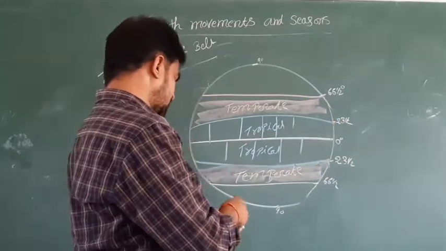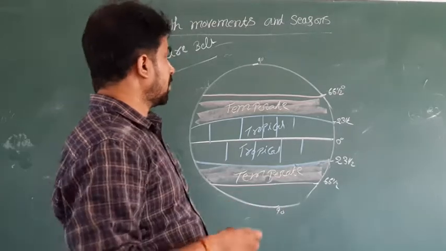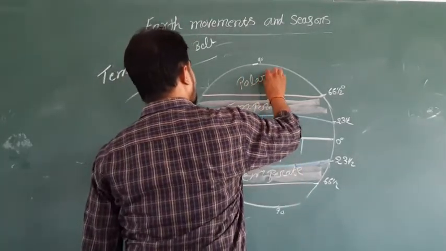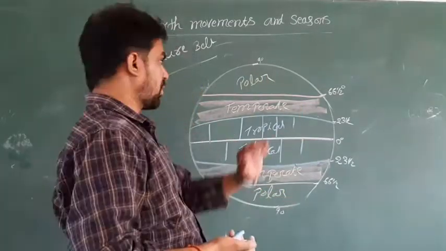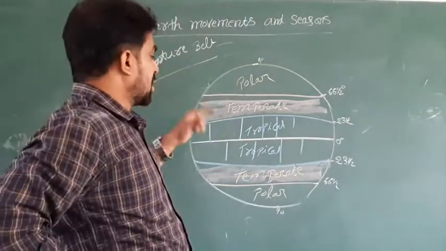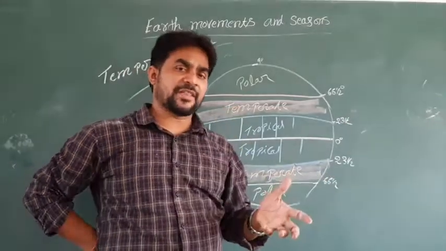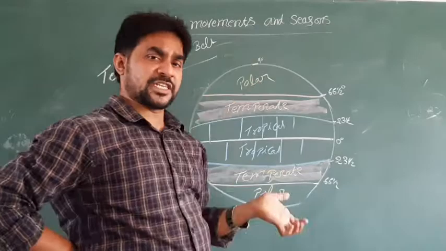Come to the next. 66.5 degree to 90 degrees is called the polar zones. What are polar zones? Both in the north and also the south. This area has cold temperatures, quite opposite to the 0 degree. So 0 degree has the highest temperatures, 90 degrees has the lowest temperatures.